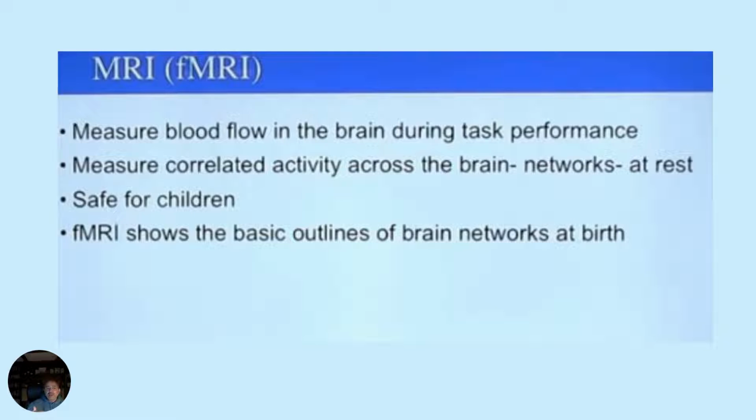It also measures correlated activity, the activity that correlates across the brain networks at rest. It is safe for children, and fMRI shows the basic outlines of the brain networks at birth. Even at birth, it shows the brain networks basically outlined.